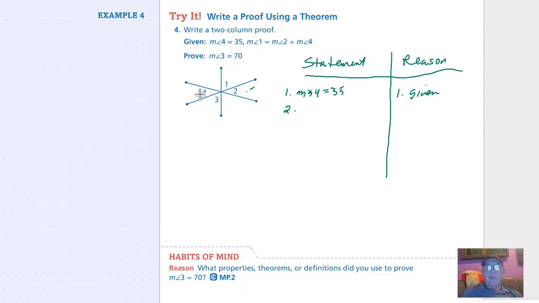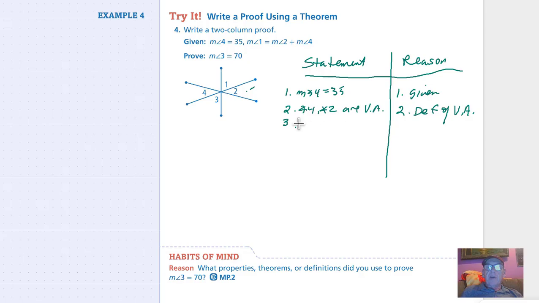But for step 2, I'm going to say that angle 4 and angle 2 are vertical angles. I'm going to use V.A. as vertical angles. And that's definition of vertical angles. Vertical angles, VA.